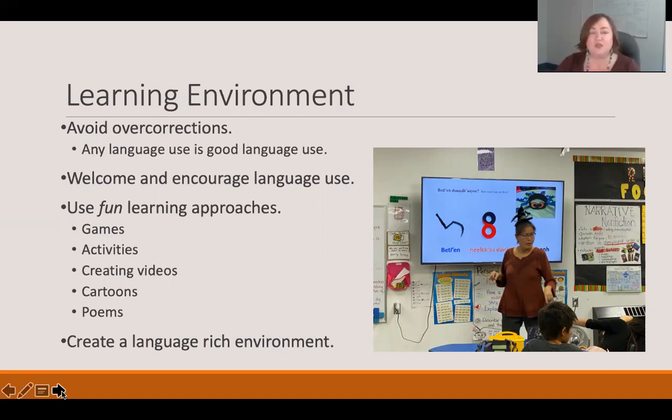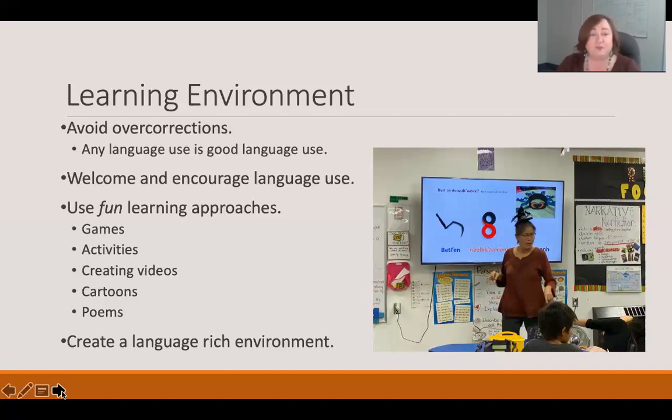And I've had a lot of teachers in my experience who've said, especially to adult learners, if you can't speak it properly, don't speak it at all. Well, the result of that is they don't speak it, and then you don't have any learning happening. So we want to make sure we're creating an encouraging environment where we're saying, yes, you used a word. Yes, you used a sentence. Even if it's not fantastically what we might consider perfect, it's still a good use of the language because you're using the language.